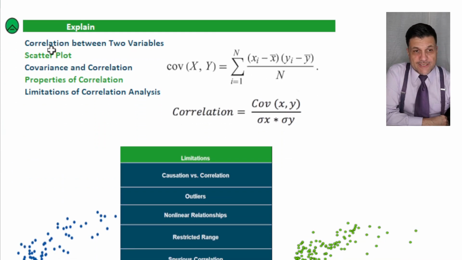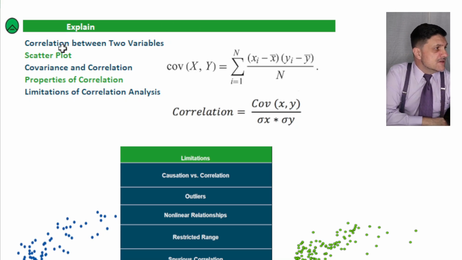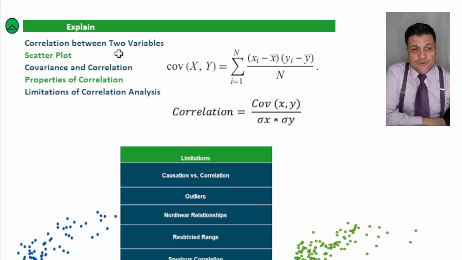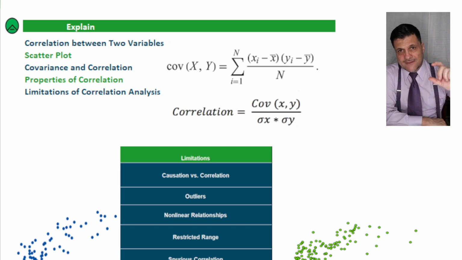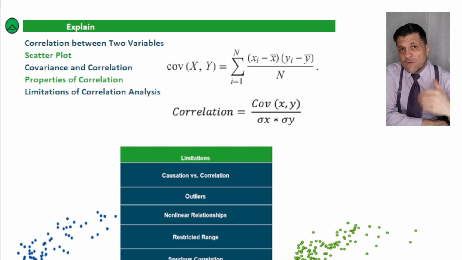We'll continue and talk now, not about dispersion, but about correlation and covariance. It's the intensity of those variables moving together. Correlation between two variables: make sure you know how to explain what correlation is. It's how they move together, and it goes from -1 to +1. At -1, they move in completely opposite directions with the same intensity. At +1, the same direction, same intensity. What is the intuition behind this?